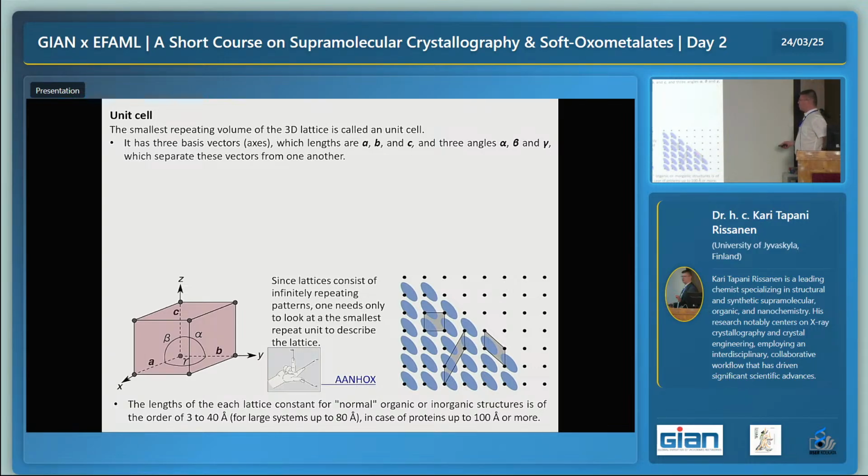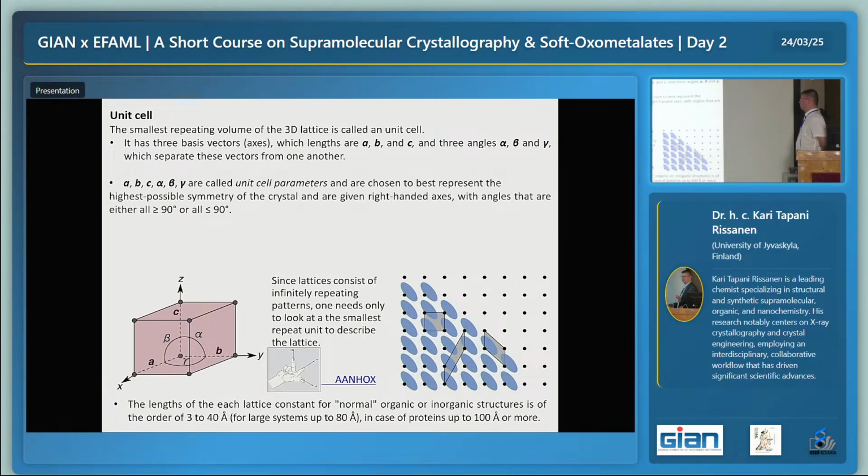But now, agreeing with everything, we always aim to select the cell so that the angles are as close to 90 as possible. So here, out of these three choices, that would be our target. It has lattice points only in the corners, it's primitive, and now you can see all the angles are 90. That would be a nice thing.